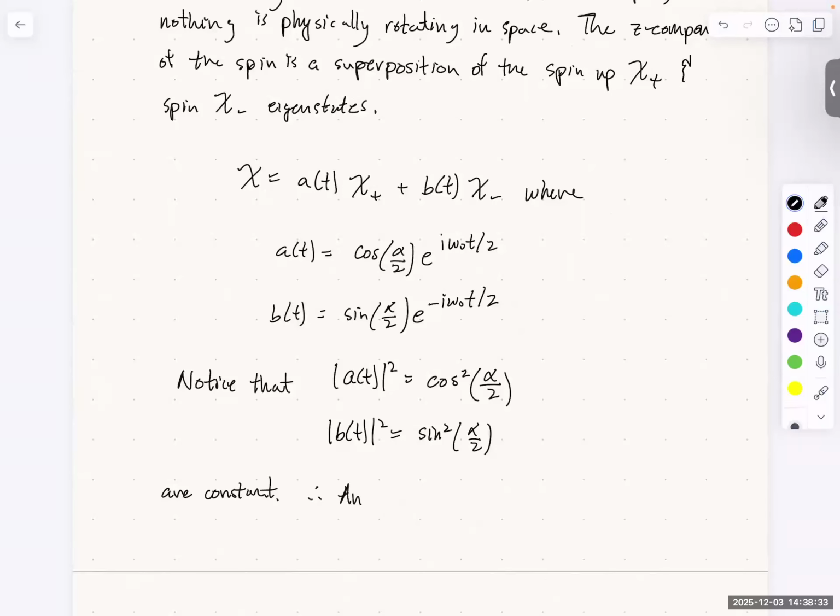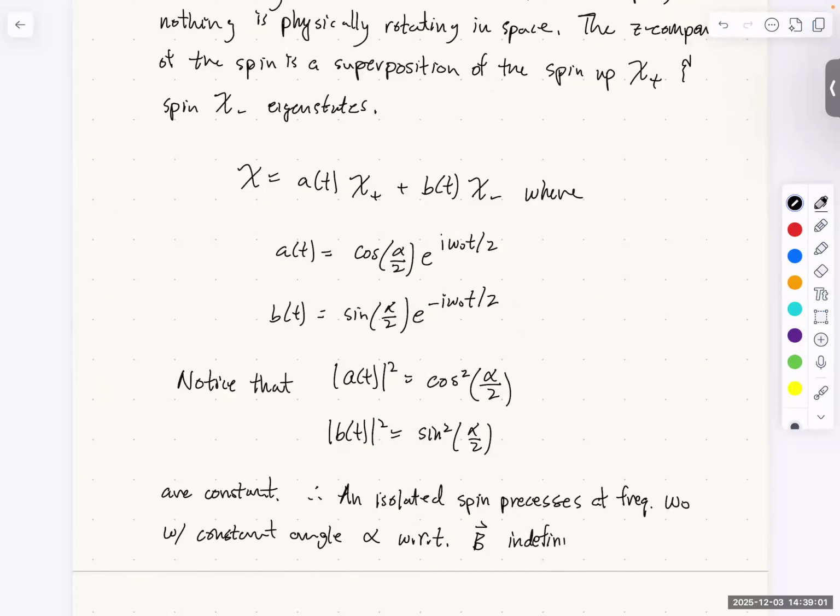So an isolated spin precesses at frequency omega naught with a constant angle alpha with respect to our vector B, our applied field, and it'll do this indefinitely.